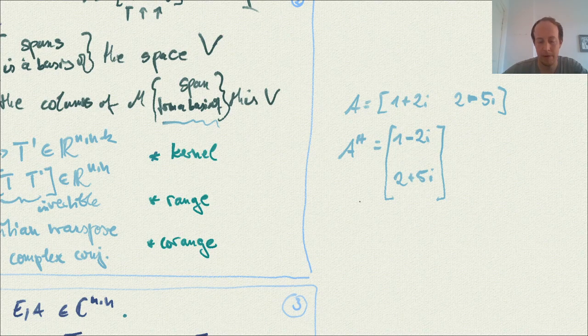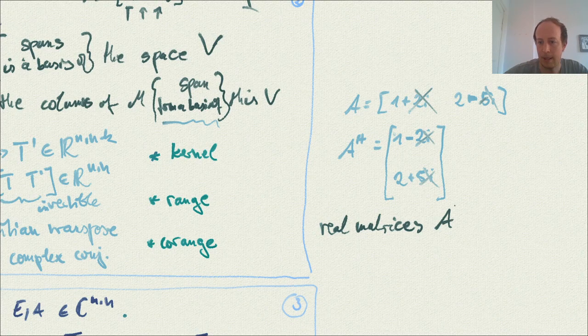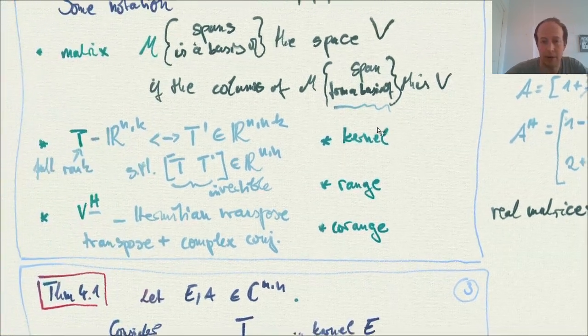And for real matrices, where we don't have any imaginary parts, A^H is the same as just the transpose, because there's no need to take the complex conjugate.